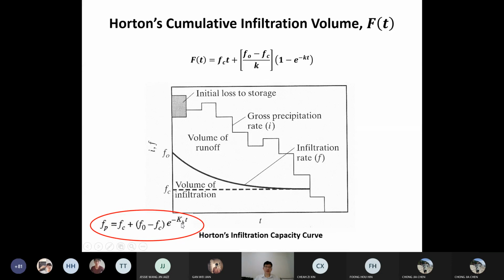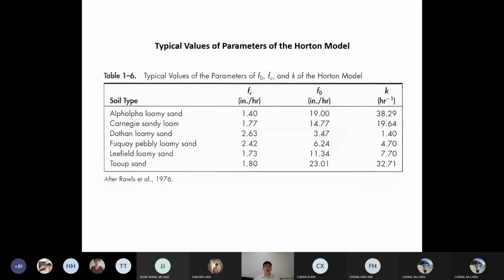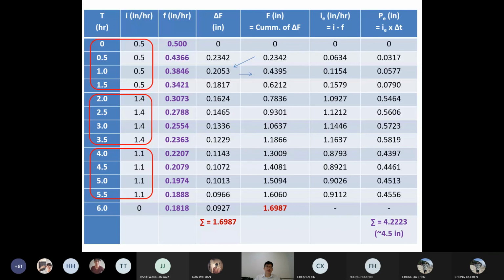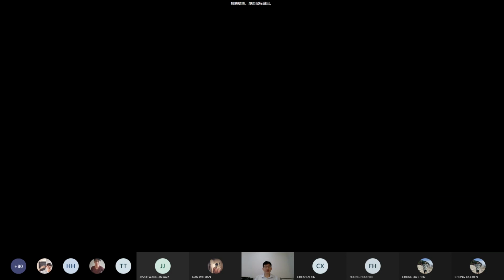Use this for the calculations, and for typical parameter values of the Horton models, there are examples of excess rainfall with the Horton equations. You just use Excel and all these things are calculated. That is the infiltration process using the Horton equations.